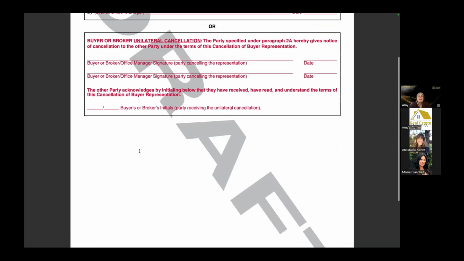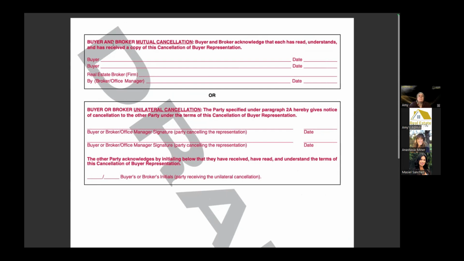All right, page 2 just says, here is buyer and broker mutual cancellation box. That is what we would sign if we had mutual cancellation. If it's a unilateral cancellation, so one party is canceling, the party specified in 2A hereby gives notice of cancellation to the other party under the terms of this cancellation of buyer representation. Buyer, whoever's doing the canceling, signs here.